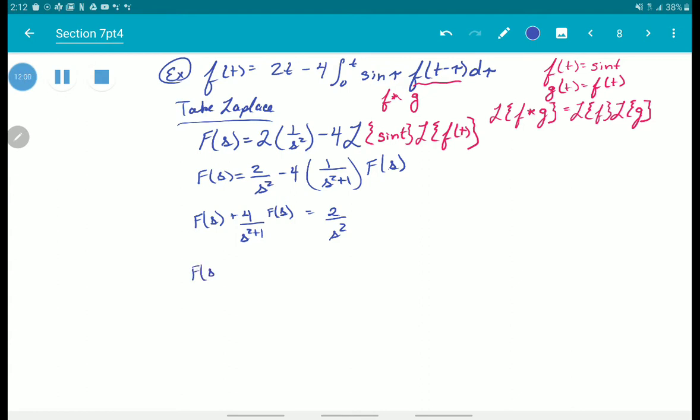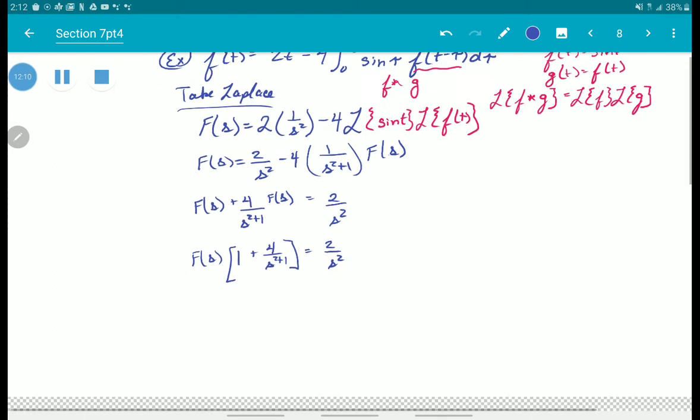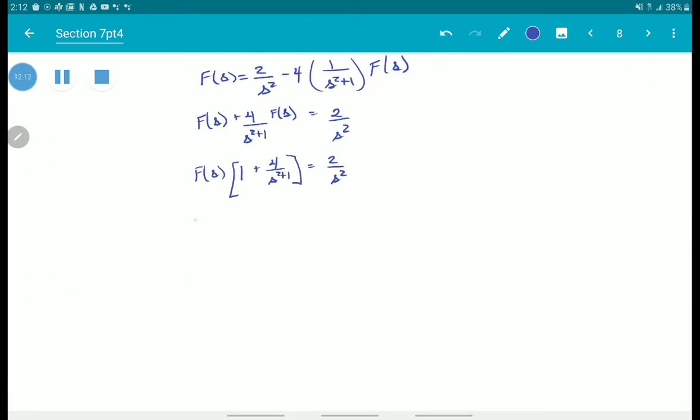Factor F of s out. That's going to leave us with a 1 plus 4 over s squared plus 1. I want a common denominator first before I multiply by the reciprocal. So we're going to have s squared plus 1 plus 4 over s squared plus 1.